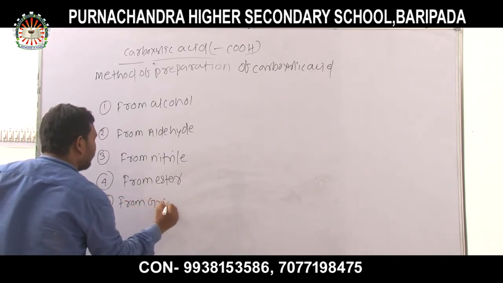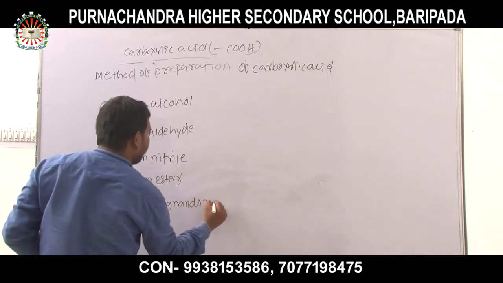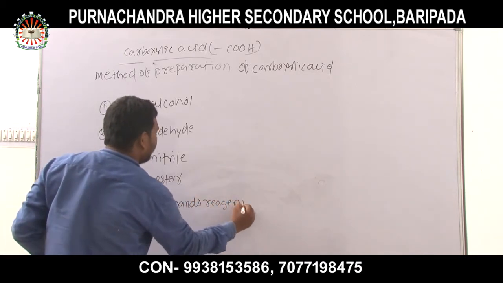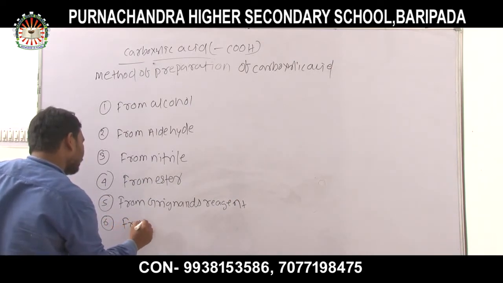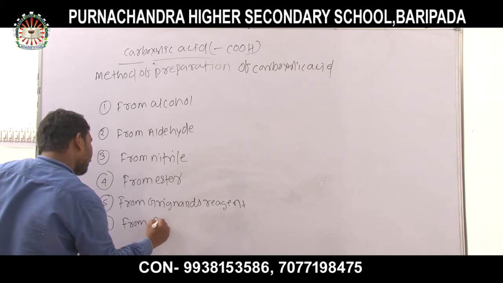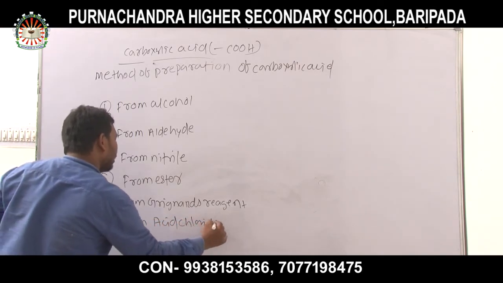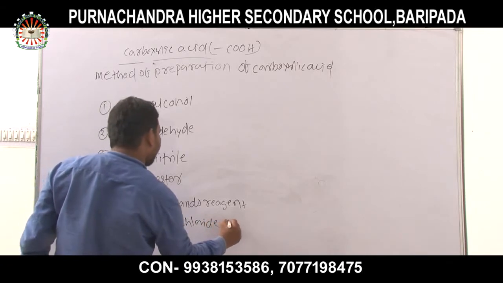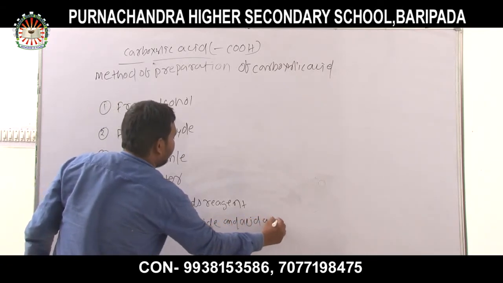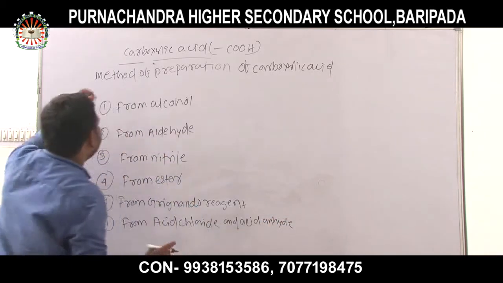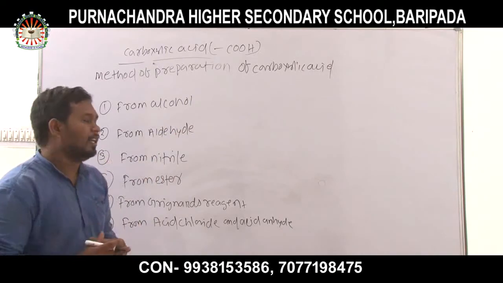From Grignard's reagent. And another one is from acid chloride and acid anhydride. Those are the sources from which we can get the carboxylic acid.